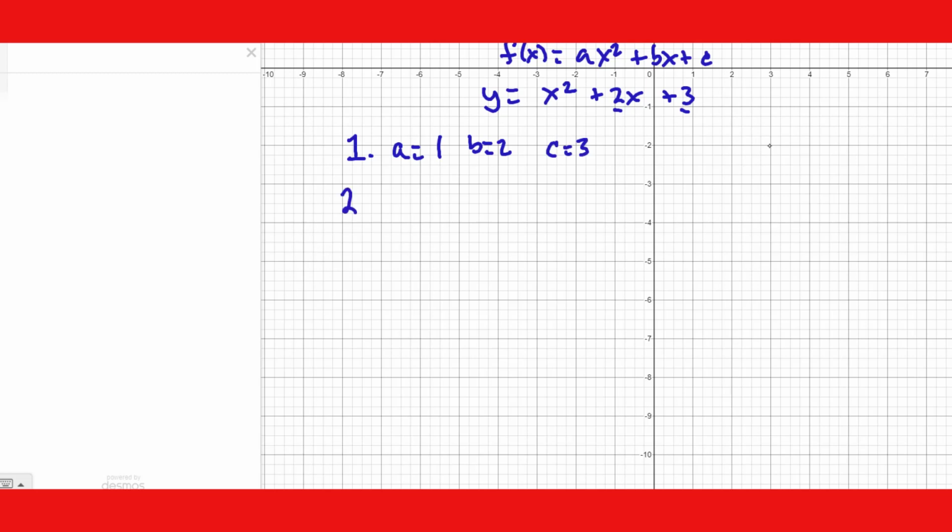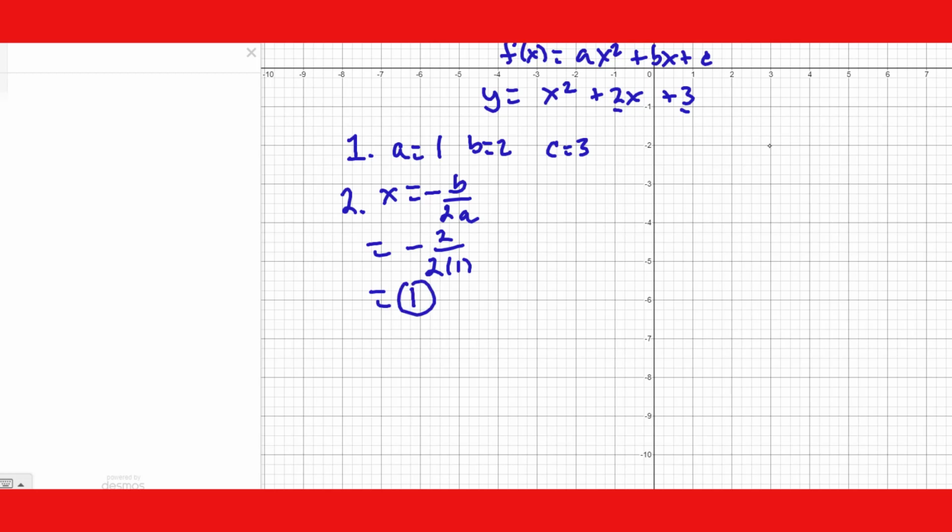Now, step 2, we want to find the axis of symmetry, which is at x equal negative b over 2 times a. So that means equal negative, and then our b value is 2, over 2 times our a value, which is 1. So that equals negative 2 over 2, which is negative 1.